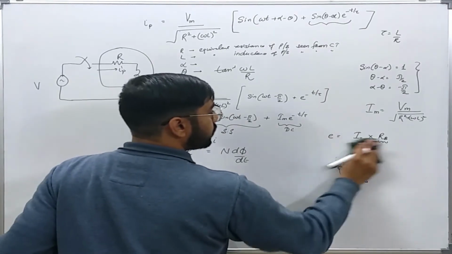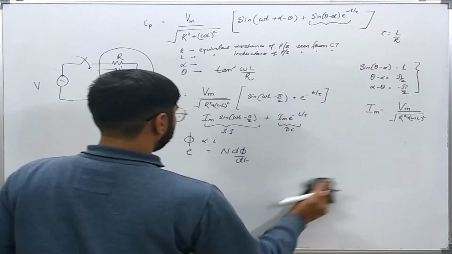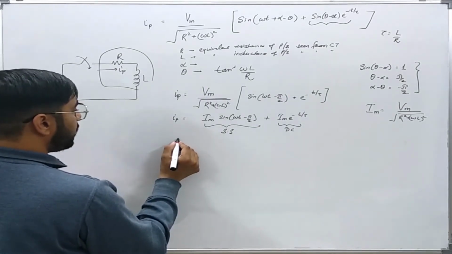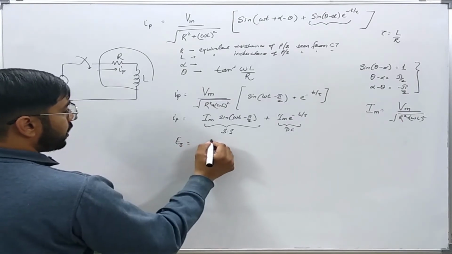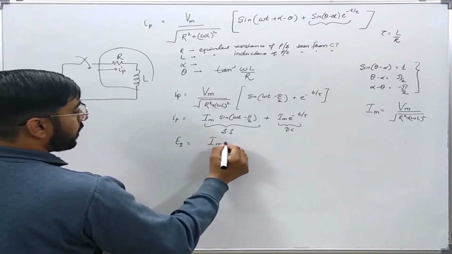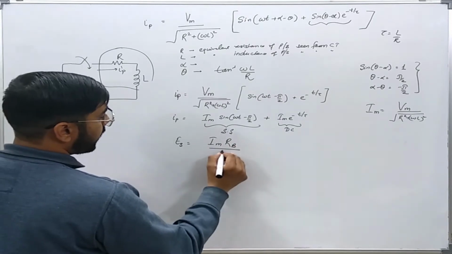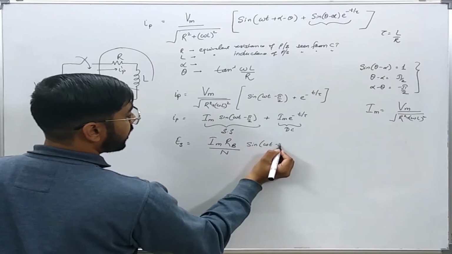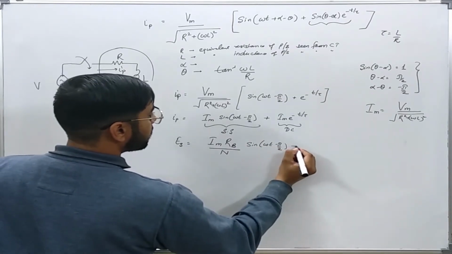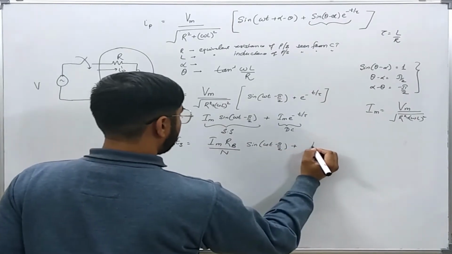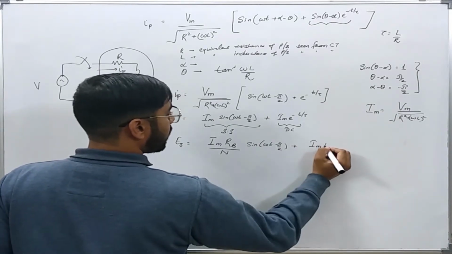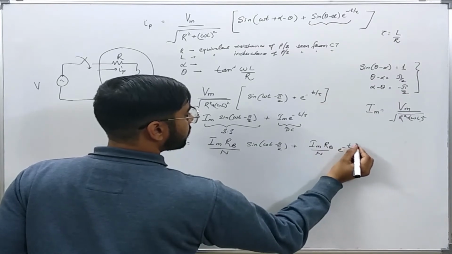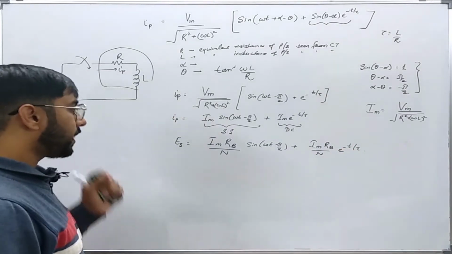Okay. So E secondary will be IM RB over N sine omega t minus pi by 2 plus IM RB over N e to the power minus t by tau. Okay.